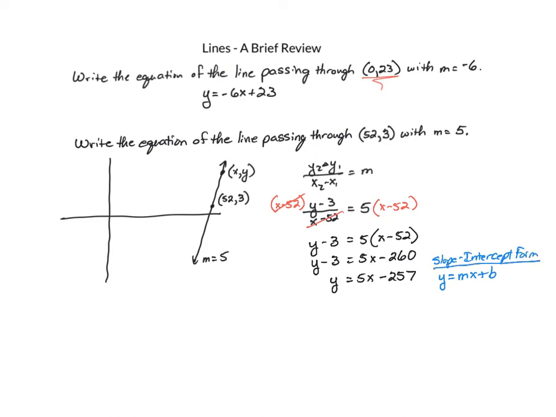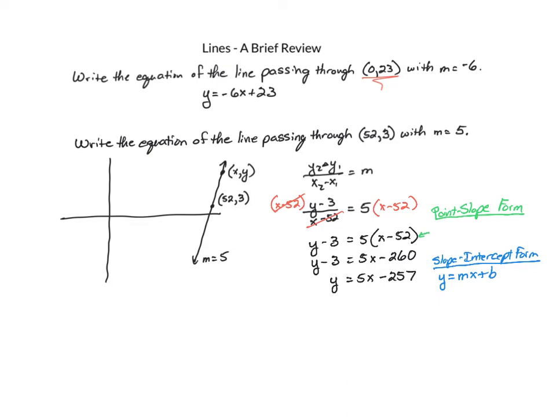But let me take you back to this line right here. That's actually a special form as well. It's called point slope form. And it's a nice form to use when you're writing the equation of a line, when you know a point and you know the slope.